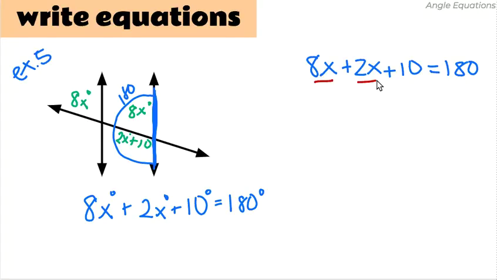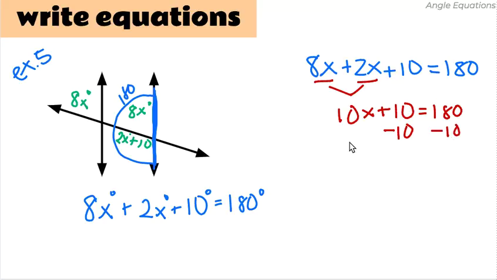I have x's here that I can combine. I get 10x plus 10 equals 180. Start solving my equation. Eliminate the constant first from the left side. Get my numbers away from the x. I get 10x equals 170.